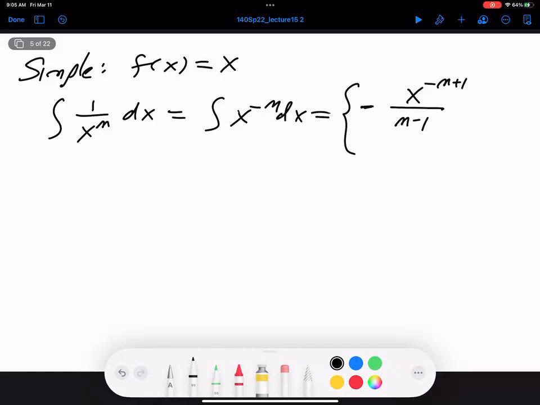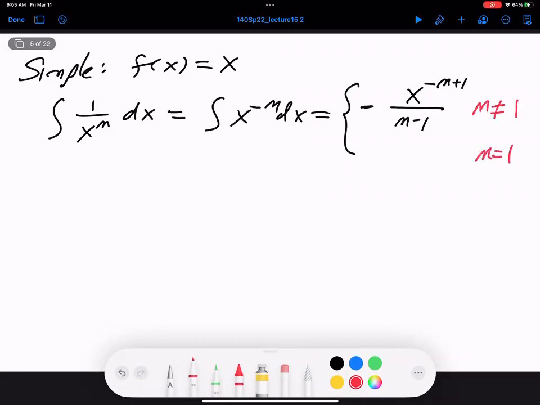Is that the answer? Do I have to be careful with it? What is the danger? m is a constant. Yes, we need m not equal to 1.